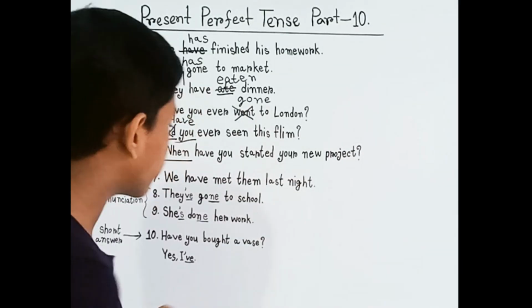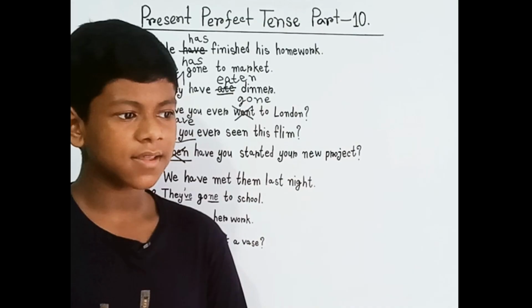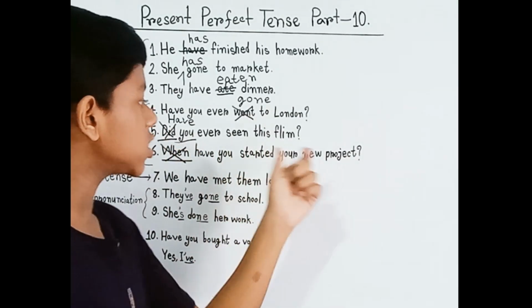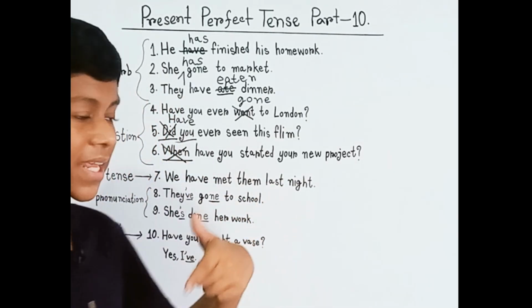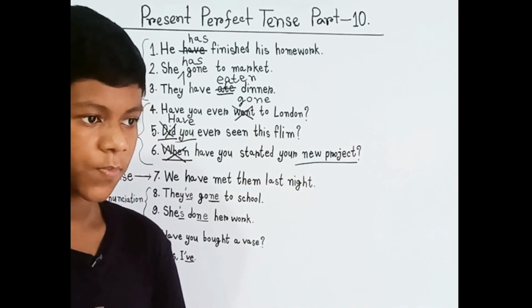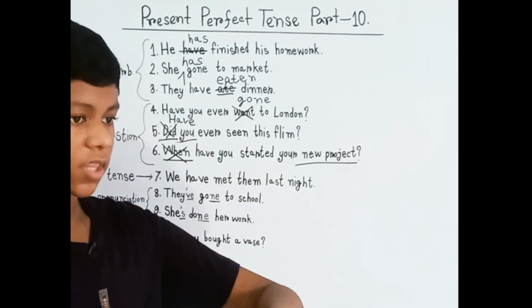So we have to cancel out when. Then we can add another type of WH question. What have you started? Yes, we can use what, because we have an object here. Remember, when you don't have the object, you use what.